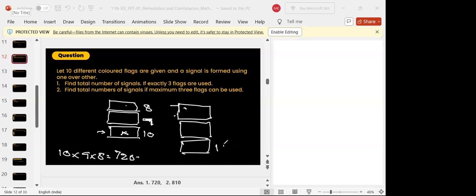The first one has 10, then we have 9. Maximum means one after another, flags are not repeated. So we will have 810.